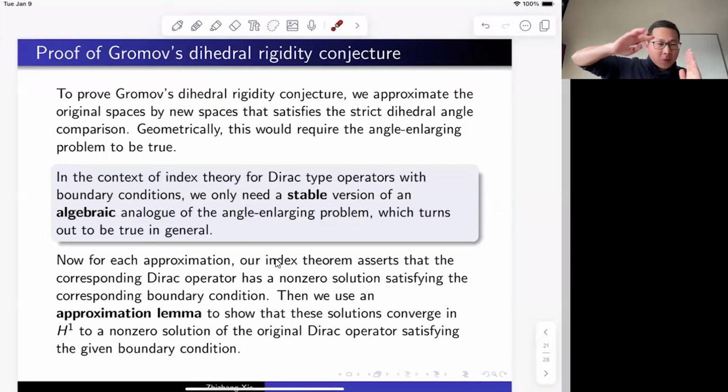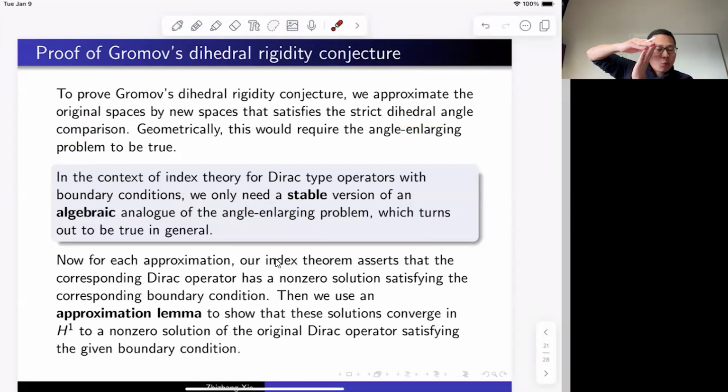It's possible that at some places the dihedral angles are equal in the comparison. Now, we can approximate the original target space. Geometrically speaking, we can artificially raise the dihedral angles of the target, so that you will have a strict dihedral angle comparison.